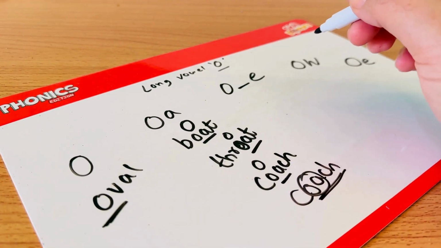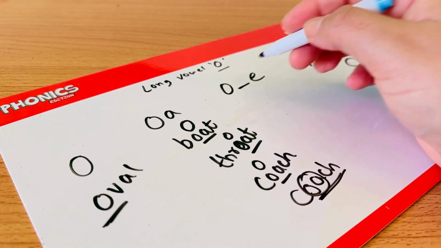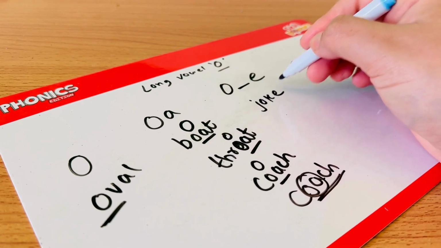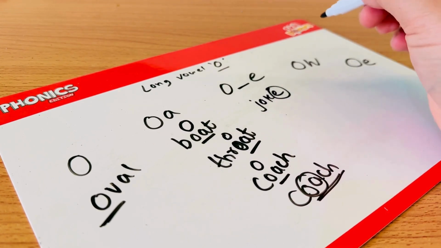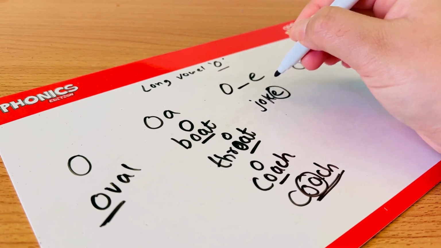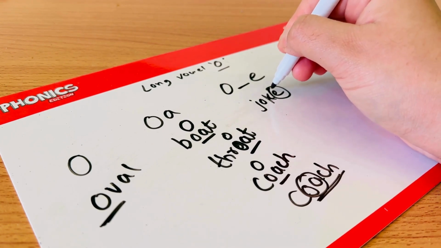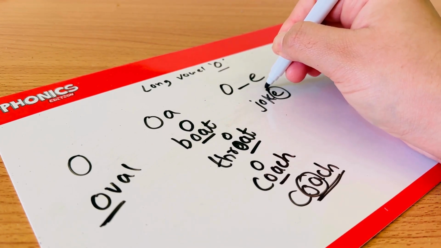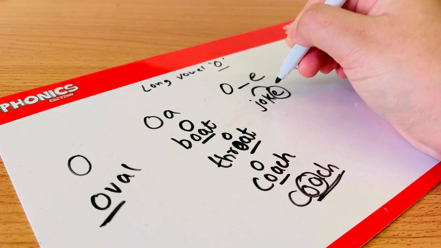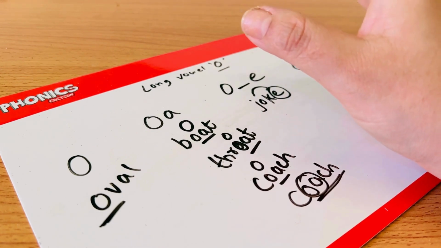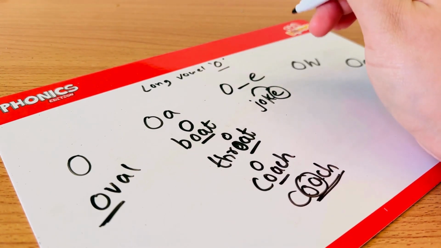Now, let's look at some of the examples of O where the word is ending with E. Joke. Are we hearing the sound of letter E? No, because here E is magic E. We will learn about the rules. And because of the magic E, the sound of O is becoming long vowel O. Joke.